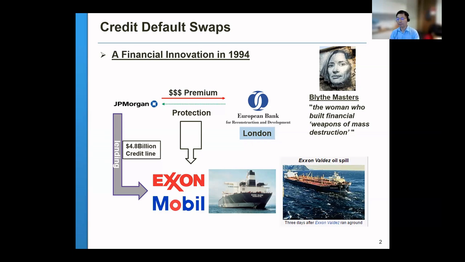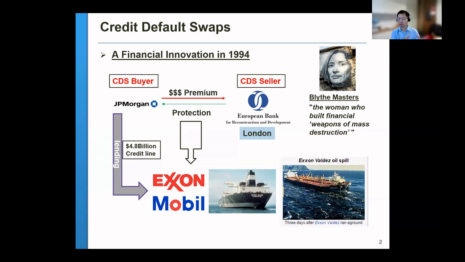If nothing happens to ExxonMobil, JP Morgan will continue to pay the EBRD until the end of this contract. Well, if something bad happens to ExxonMobil, for example, if ExxonMobil defaults, that will trigger the payments. In return, the EBRD will pay the loss given default to JP Morgan. So this will be the first CDS contract.